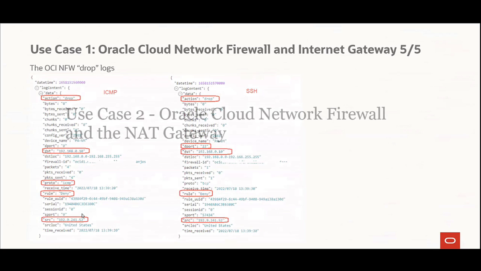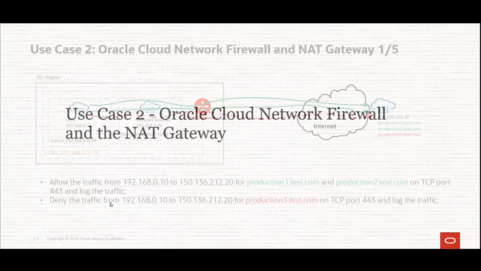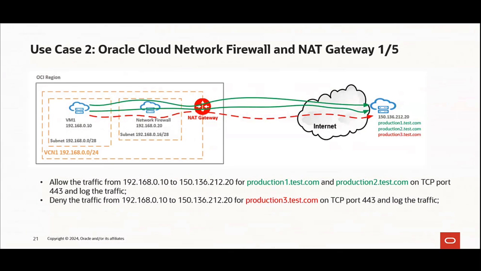Let's go to the next one, because this will use another gateway that is used for different purposes. And we can also have the integration between the network firewall and the NAT gateway, right? And by using this, we will use a very important function that was implemented on the network firewall, and this is the URL filtering.